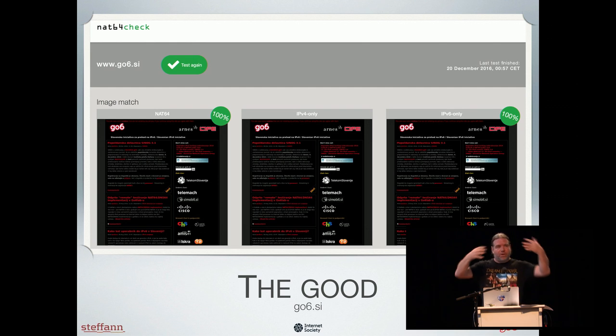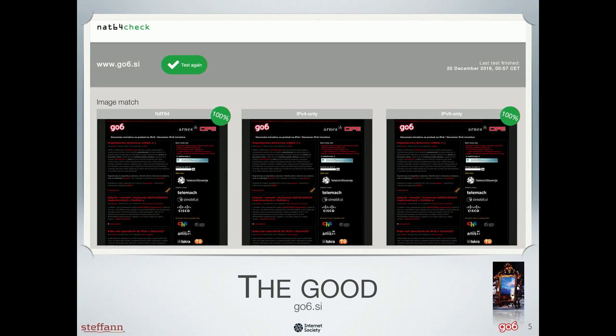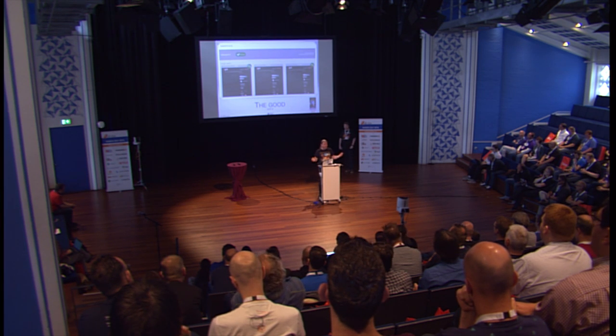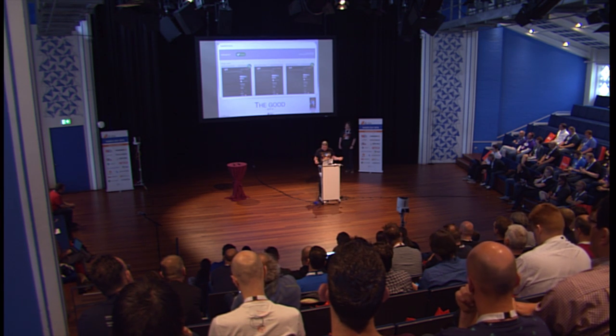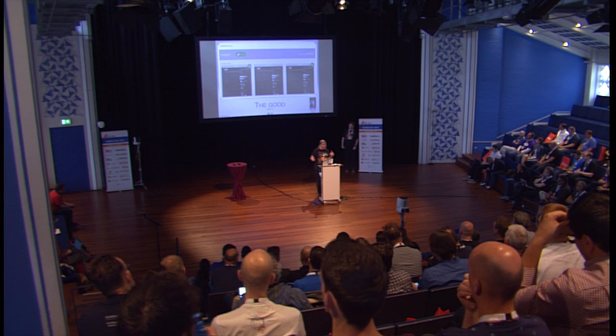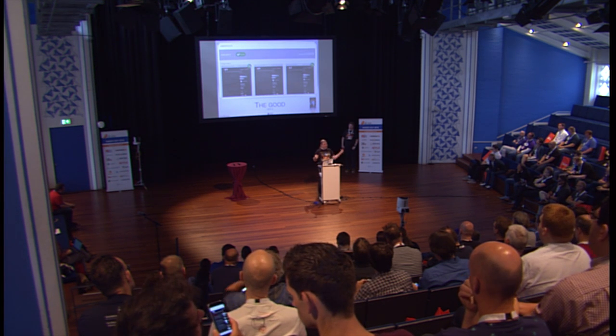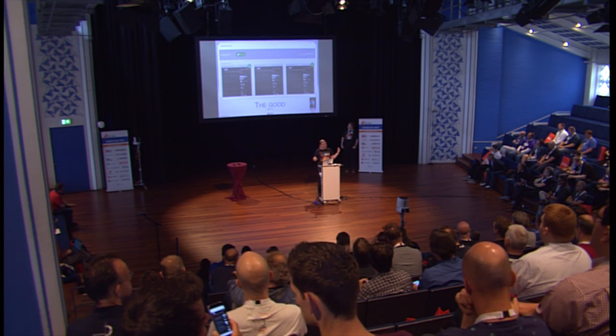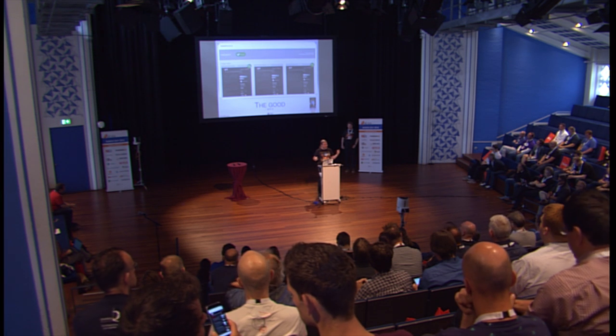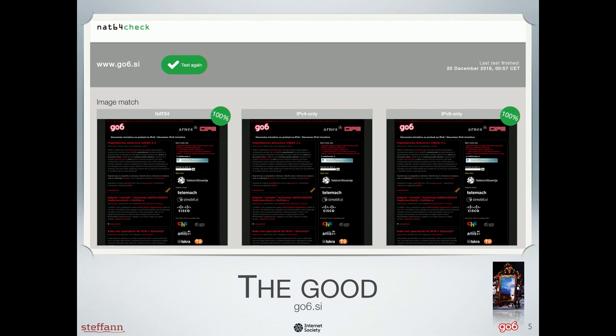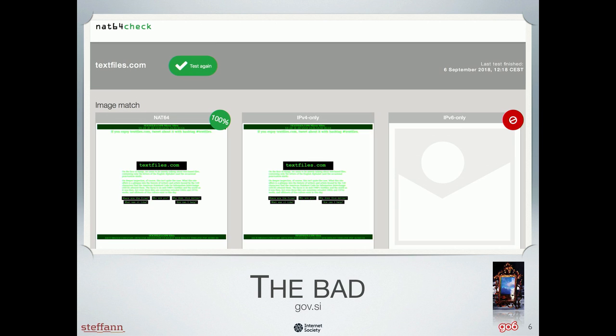The tool compares the images and all the elements that load, and tells you if your content is seen the same from three different environments, or if you broke something. It's actually the mirror of your presence on the internet, seen from different environments.